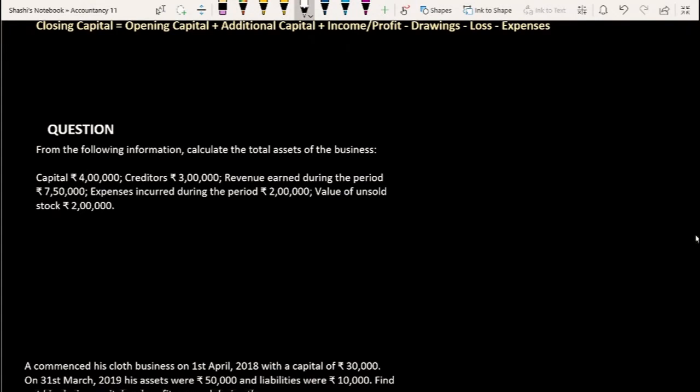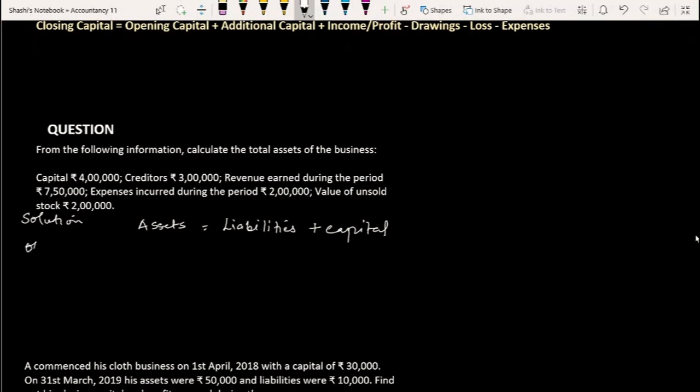Now we know that total assets is equal to liabilities plus capital. So let's see what all is given to us. We are given the capital of 4 lakh, the creditors are 3 lakh, and revenue earned during the year is 7 lakh 50,000.